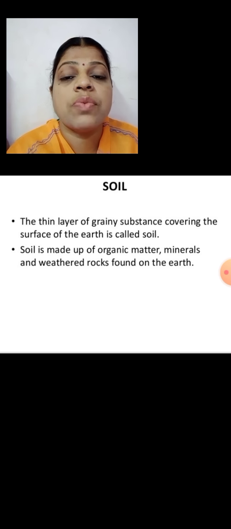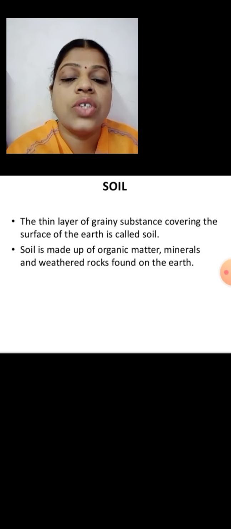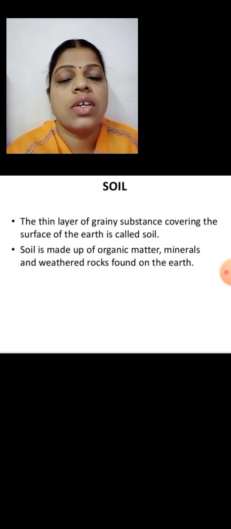What are the various minerals in our earth? And weathered rocks. You know about the rocks also. So soil is actually composed of these three things. What are they? Organic matter, minerals and weathered rocks found on the earth.